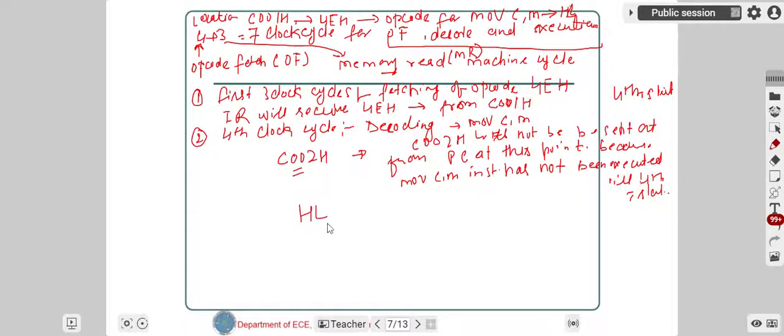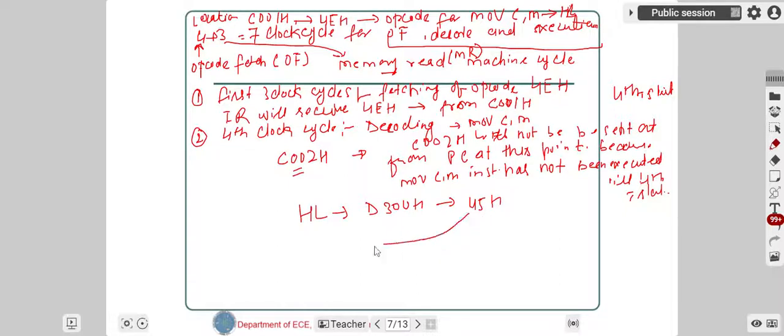The HL contents are D300H, and at this memory location, let us suppose that we have stored 45H.